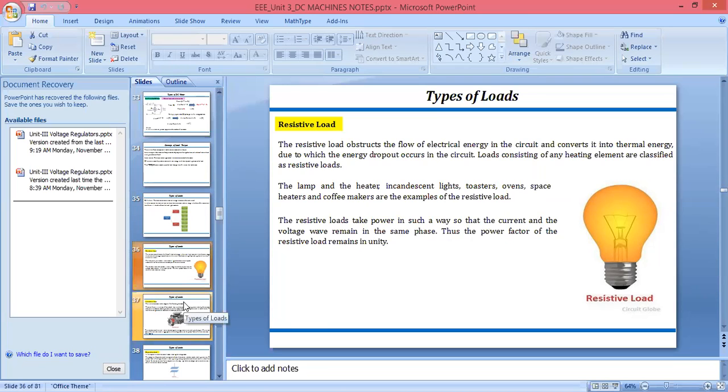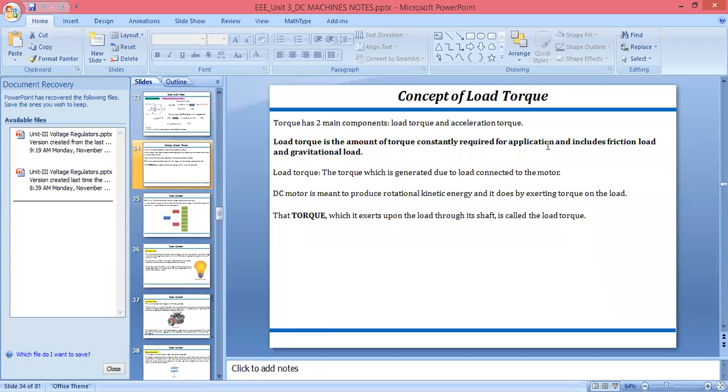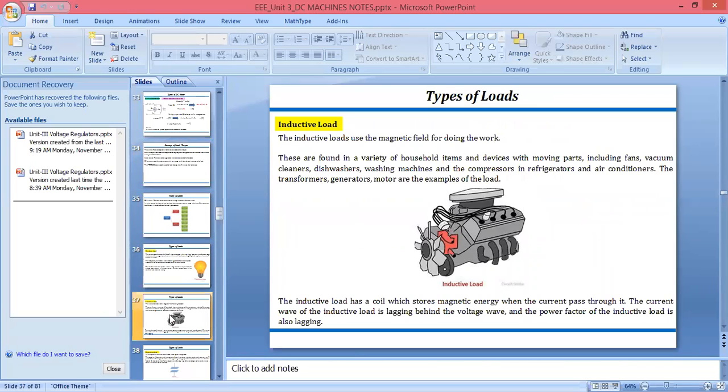Now we can see the inductive load. We have to see these loads one by one, because we use these loads when we give the torque to that load. When we give the torque on that load, the motor will start to rotate. So firstly we have to see this load, the inductive load.